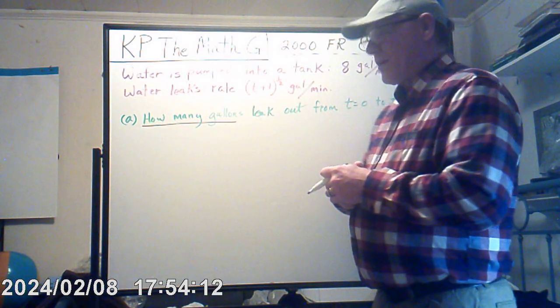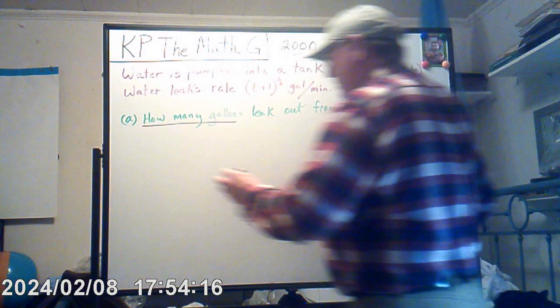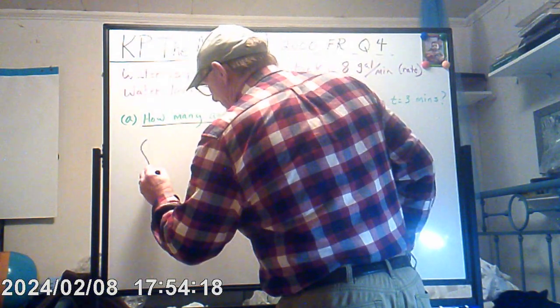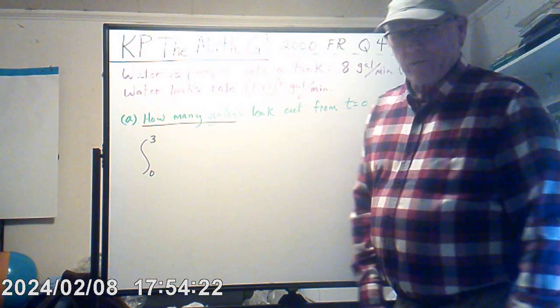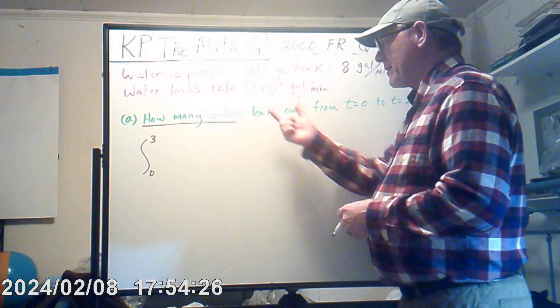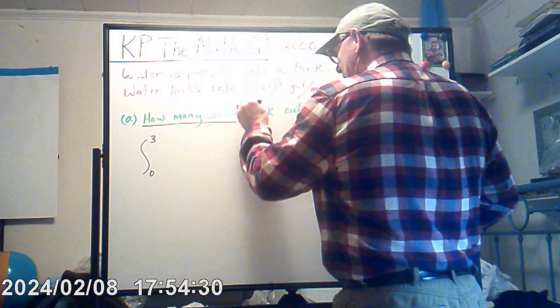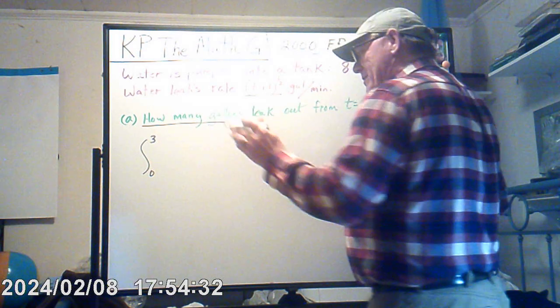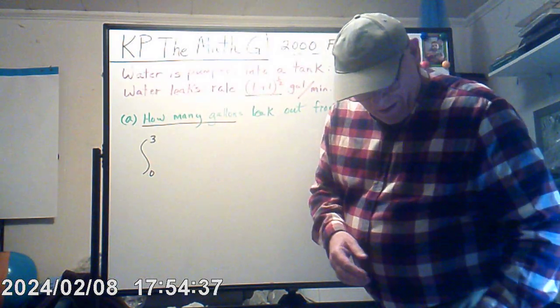In this case, a definite integral, because we're going from 0 to 3. Now, how to set this up: we're just looking at the rate that the water leaks out. Here it is right here. That's all we're interested in. We don't want anything else.